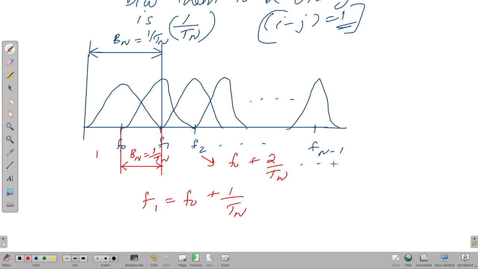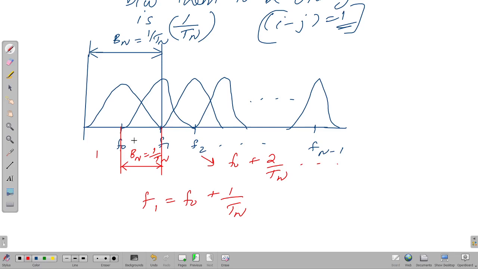The frequency separation should be at least 1 divided by Tn, which is equal to their bandwidth itself. So all this leads to the idea of OFDM. We haven't reached OFDM yet, but all these ideas will definitely lead to it.